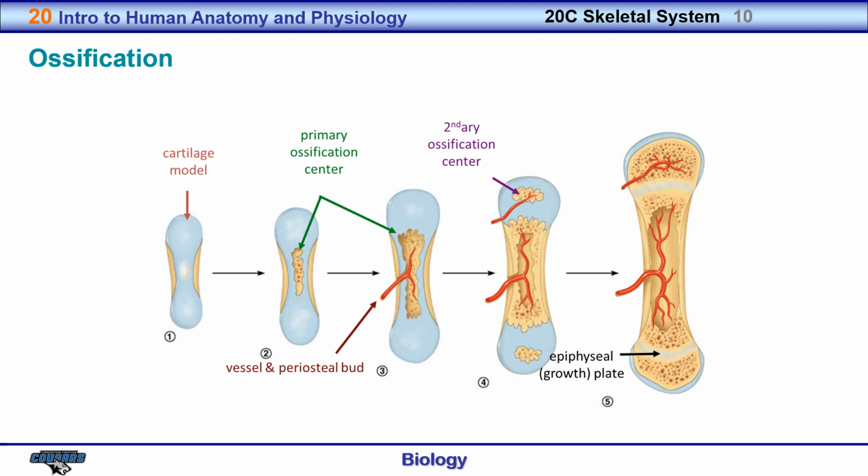Your bone starts out with mostly cartilage, and the process of becoming filled with bone, or being replaced by bone, is called ossification. So it's just a conversion of cartilage into bone. So you start out mostly with cartilage, and then there are a couple places in that cartilage area where bones will start to grow and form.